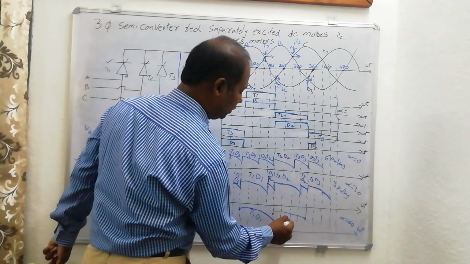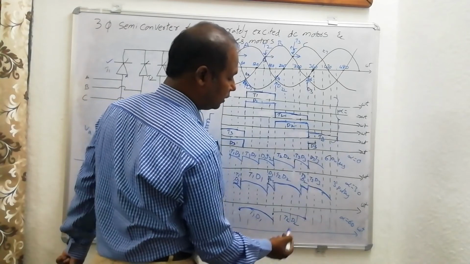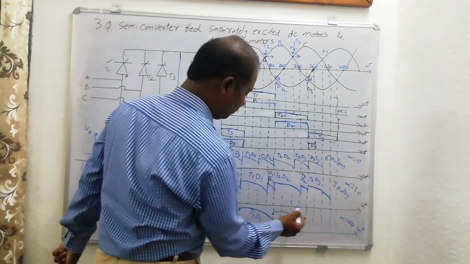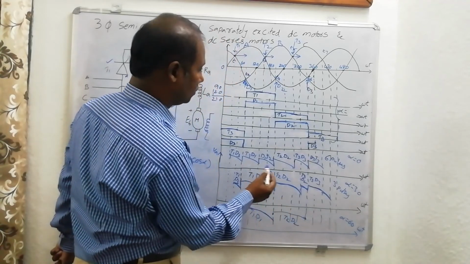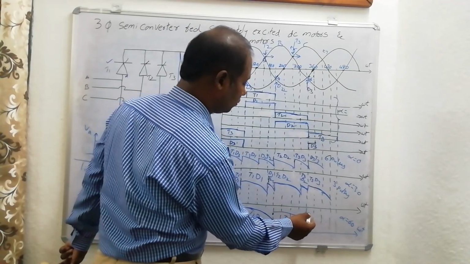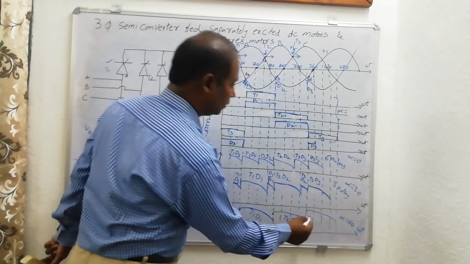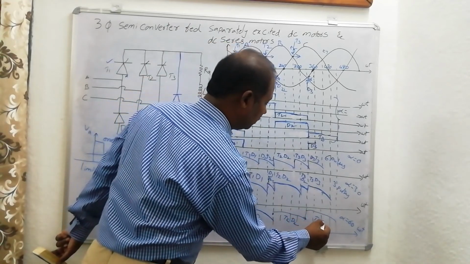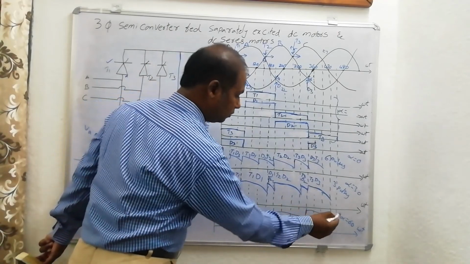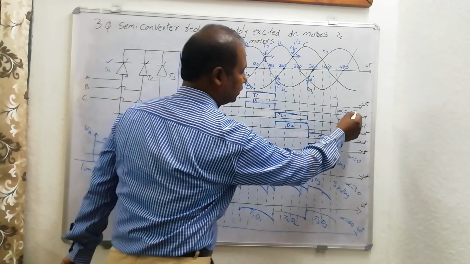So this is the T2, D2. Similarly for T3 and D3. So like this. This is for T3 and D3. So this is the waveform for alpha equal to 60 degrees.